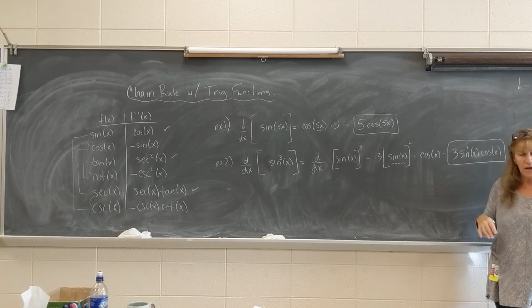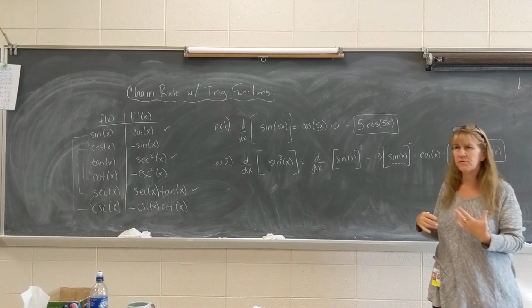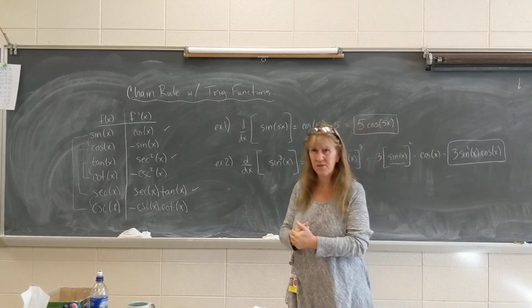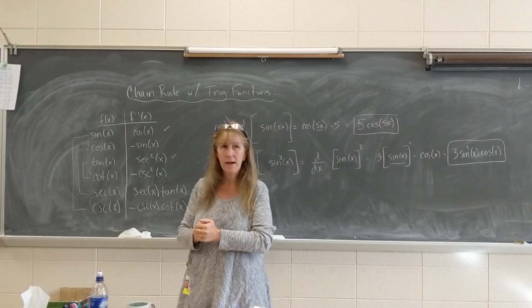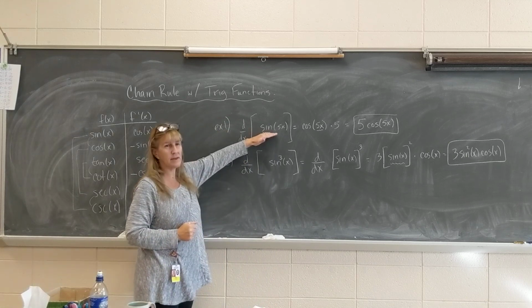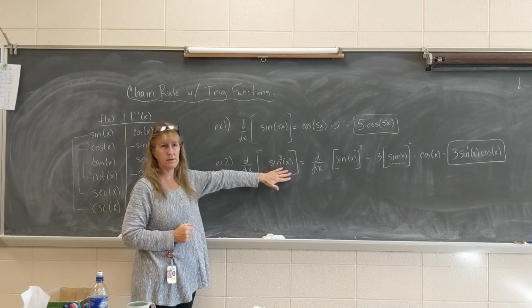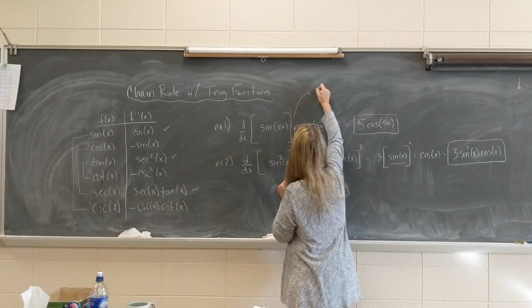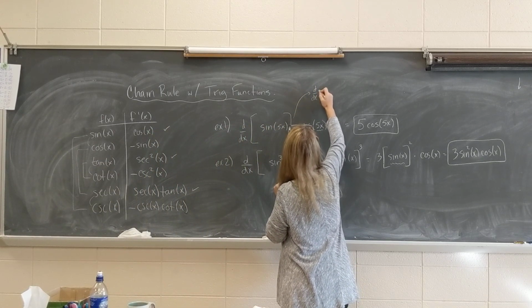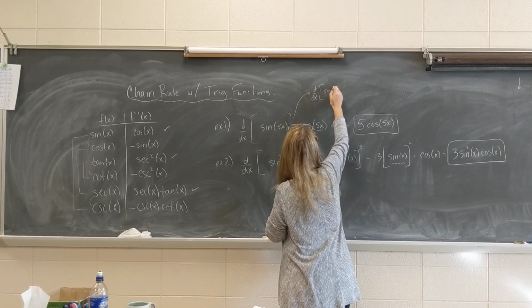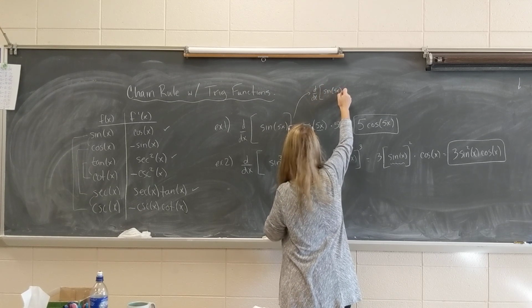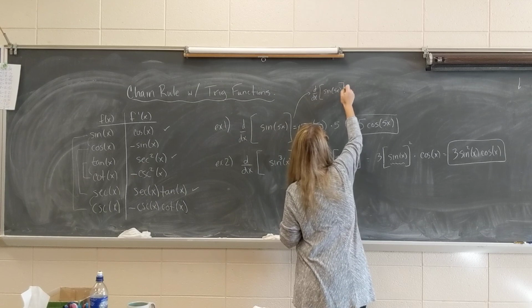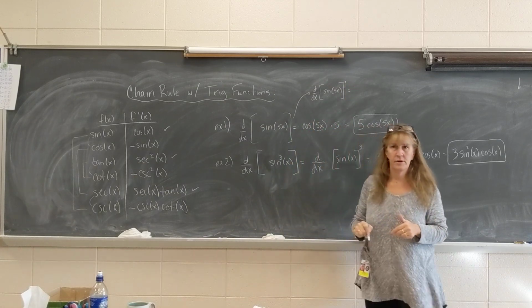Now, I hope you're not too confused as to when your trig function is going to disappear and when it doesn't disappear. But if I rewrote this the way I rewrote this one, as a matter of fact, I will just for a minute. This is the derivative with respect to x of sine of 5x quantity to the first.